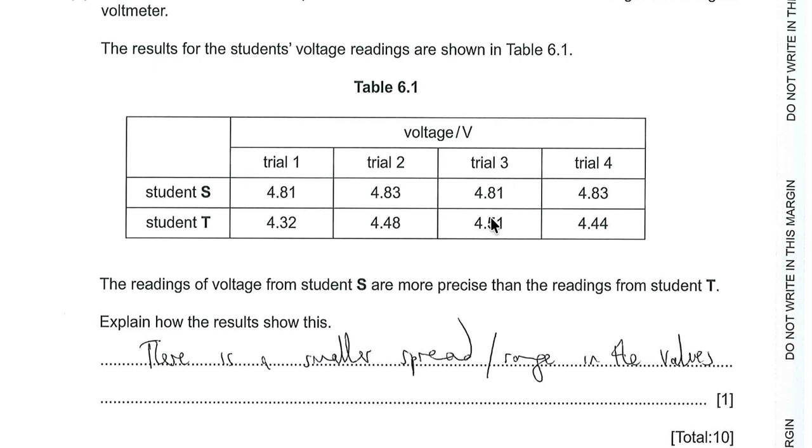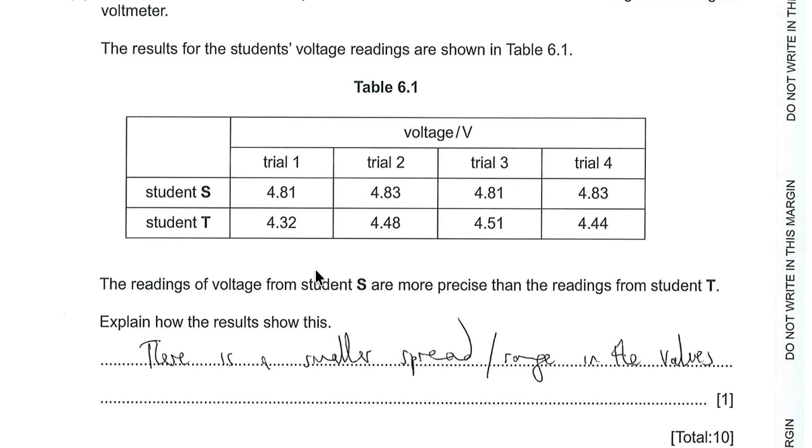Ask yourself this question: who's more accurate, student S or student T? We're saying the resistance is 4.50 ohms. Well, student T is actually more accurate because they are slightly closer to that 4.50. If you average this data out, you get around 4.4 something, which is close to 4.5.